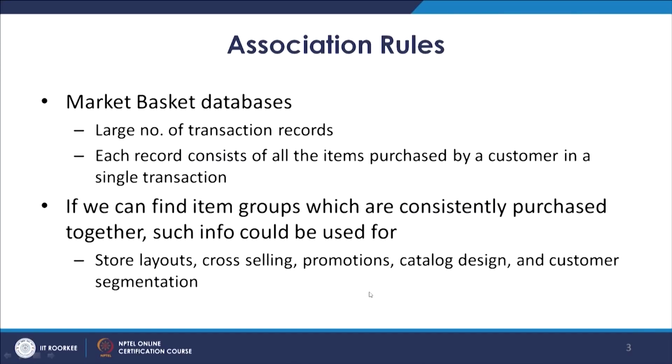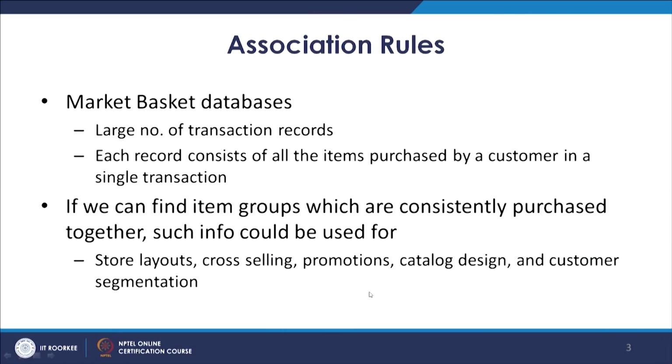So, catalog design and customer segmentation. These associations between items also tell us the buying pattern of customers. Using these buying patterns we can also do our customer segmentation. So, you can see a number of areas, a number of issues where association rules can really be useful and used.